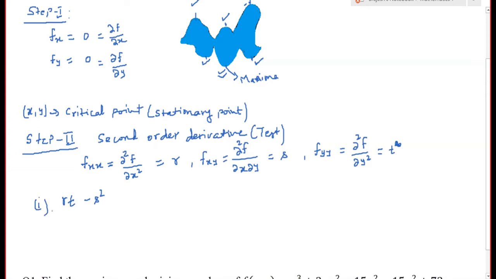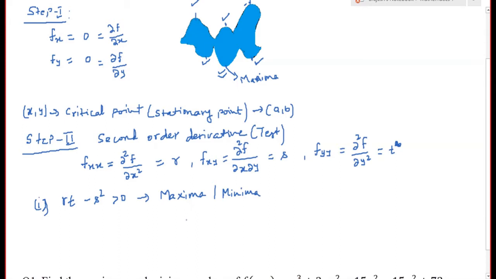Let's say you have the critical point (a, b). At (a, b), if rt minus s square is greater than 0, then you are going to find a maxima or minima.